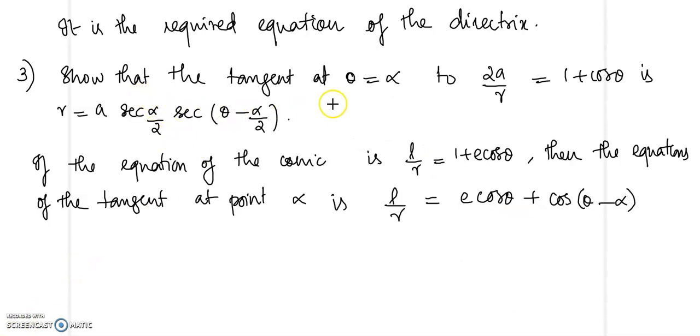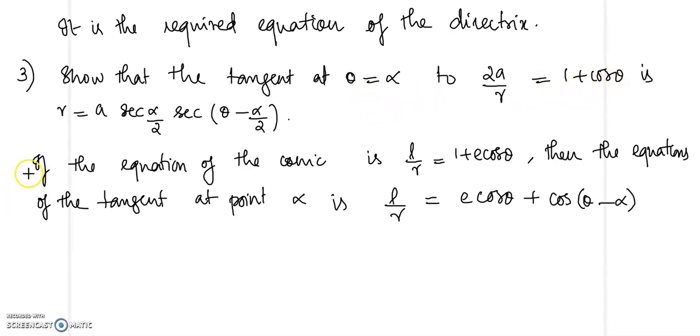The third problem is to show that the tangent at theta equal to alpha to the conic 2a by r equal to 1 plus cos theta is r equal to a sec alpha by 2 into sec of theta minus alpha by 2. So we need to find the equation of the tangent to the conic 2a by r equal to 1 plus cos theta at the point theta equal to alpha.